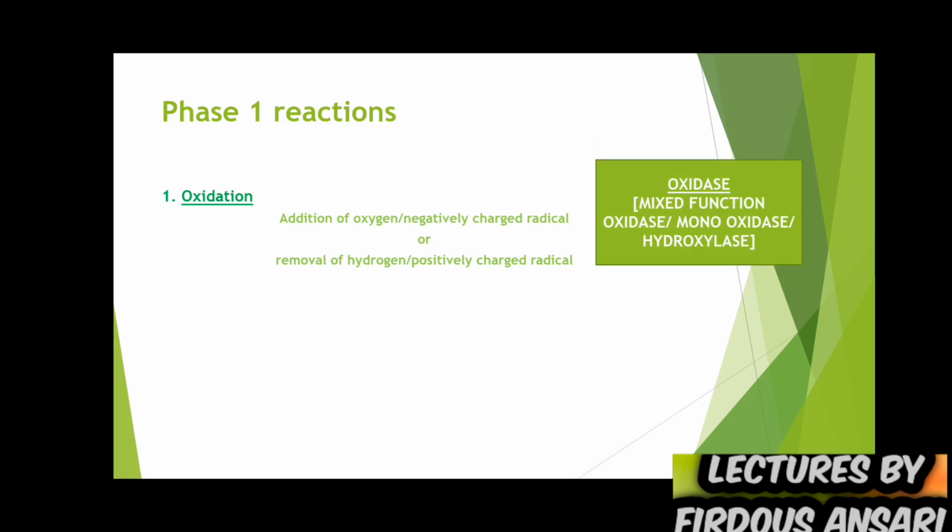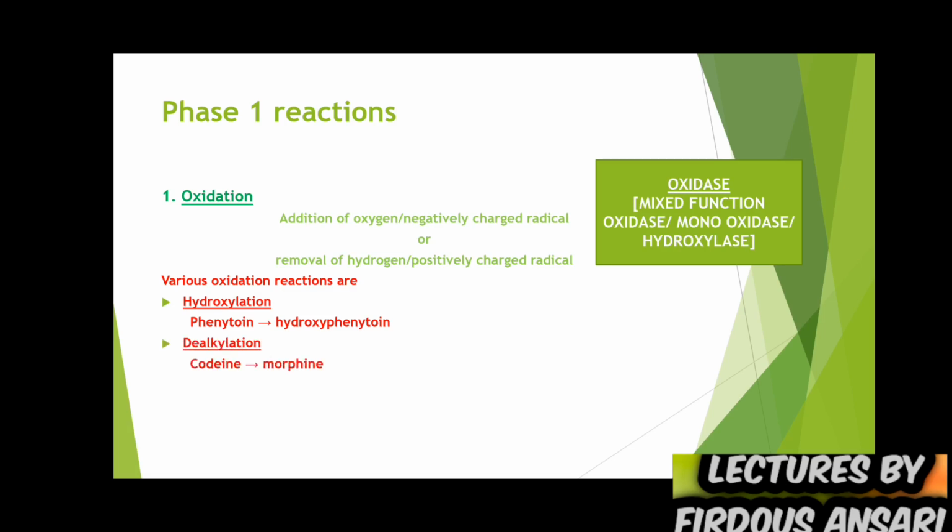Various oxidation reactions are such as hydroxylation, for example phenytoin getting converted into hydroxyphenytoin. Here what kind of oxidase enzyme might it be? Yes, we have got hydroxylation, so obviously it is hydroxylase enzyme. Next, dealkylation, codeine getting converted into morphine.